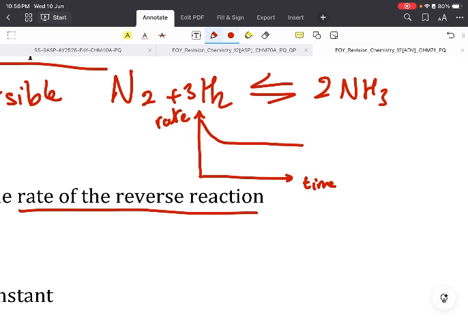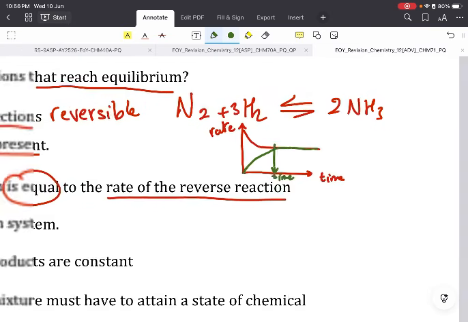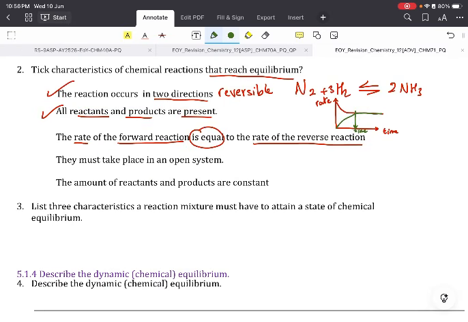The forward reaction usually starts fast and then slows down. And this is the rate of the backward reaction. The backward reaction usually starts slow and then speeds up as products start to form. So this is going to increase, and when both of the rates become equal at this point, at this time, we say that the reaction reached equilibrium.